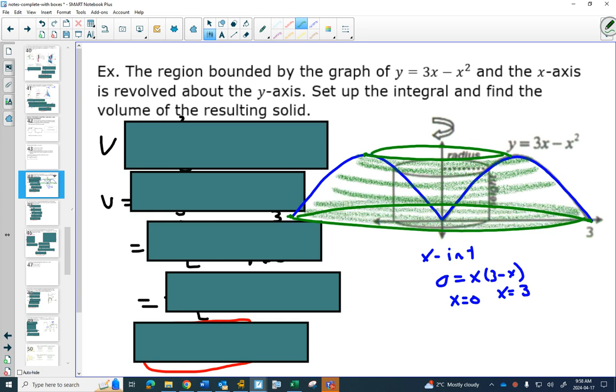All right. I'm going to take some moment here to try to visualize this. I said we're looking at the picture first to get an idea of what this looks like and how we could use the cylinders to figure this out as opposed to using discs and washers.